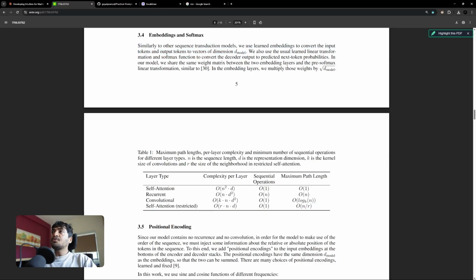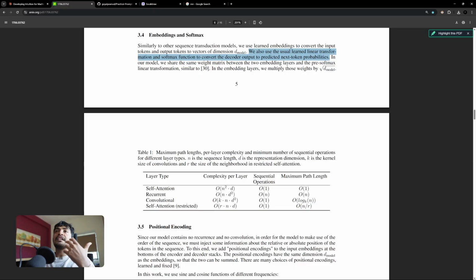We also use the usual learned linear transformation and softmax functions to convert the decoder output to predicted next token probabilities. So what they are saying over here is using the output from D model, which again is just a vector. How do we get the token? What is employed over here?